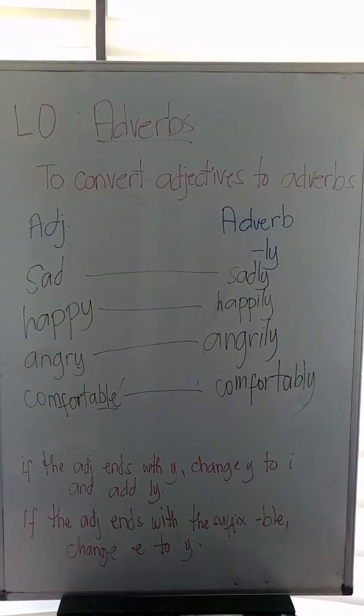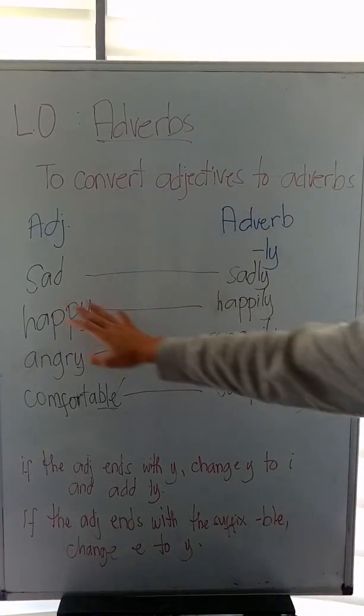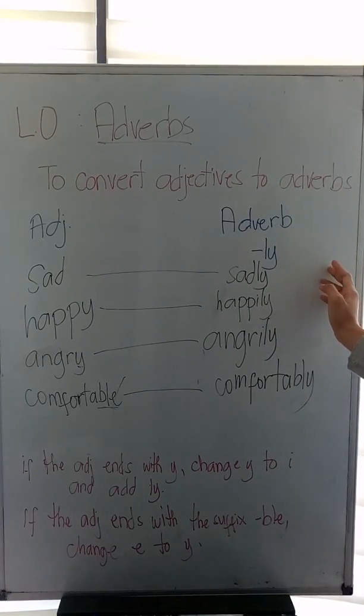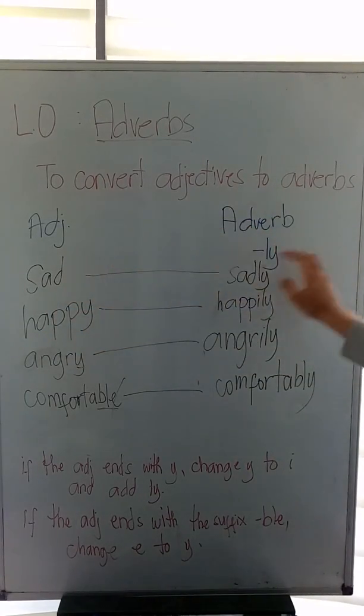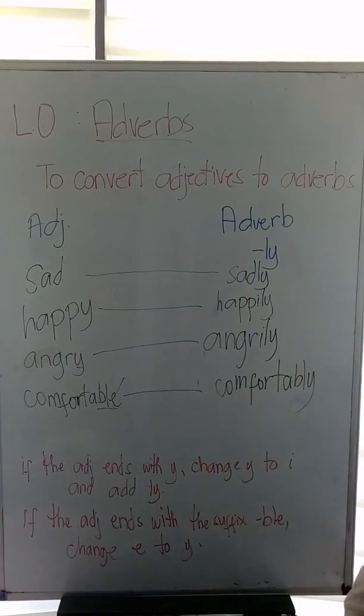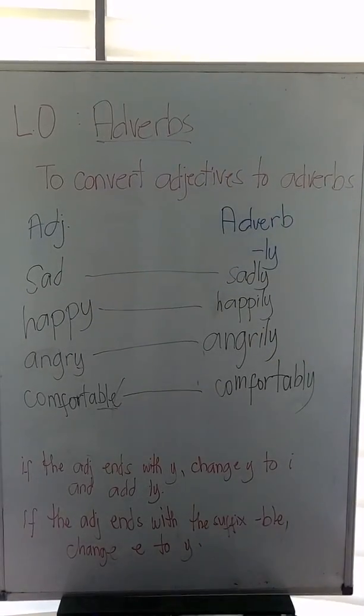So for your activity, you will convert adjective to adverb. So sad, you convert it to adverb, sadly, happy, happily. You will do something like this on your worksheet for English, and also you are going to convert adverbs to adjectives.